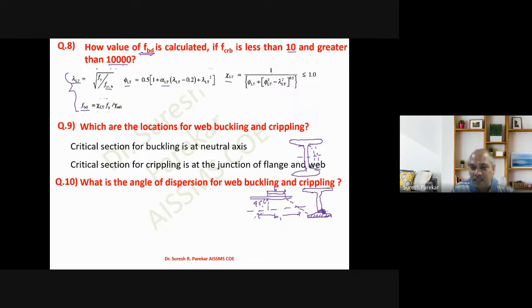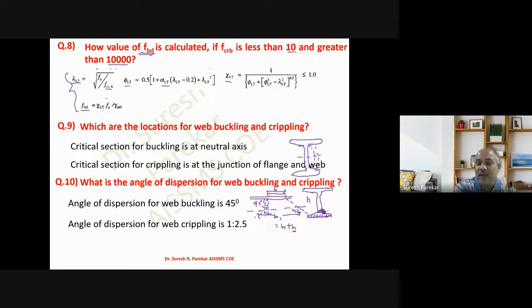If H is the depth of the section, then we have h by 2 and h by 2, so in total we have h. Then B1 is b plus h, where b is the bearing length and h is the depth of the section, because the angle is 45 degrees, so it is an isosceles triangle.